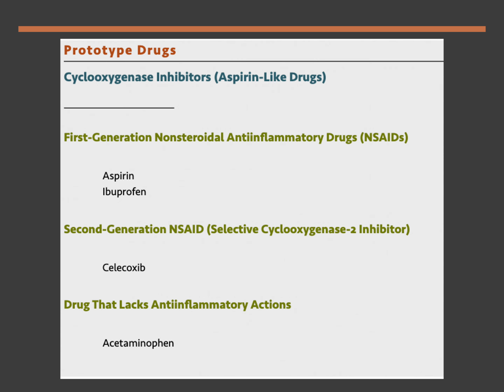These are the drugs like Celebrex or celecoxib, sometimes referred to as the COX-IBs. So what makes a difference is that the second gen NSAIDs are selective to COX-2. And lastly, the drug that lacks this anti-inflammatory action, so it becomes its own class, is acetaminophen. These are the 4 drugs that serve as the prototypes.